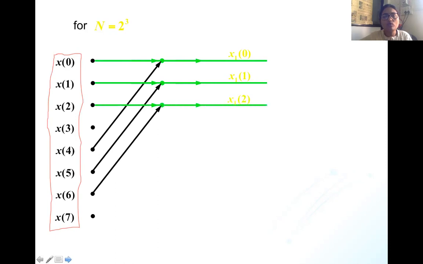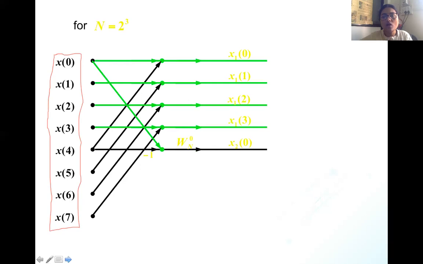At stage number 1, the output is divided into even point DFT and odd point DFT. The even point DFTs are x1 of 0, x1 of 1, 2 and 3.